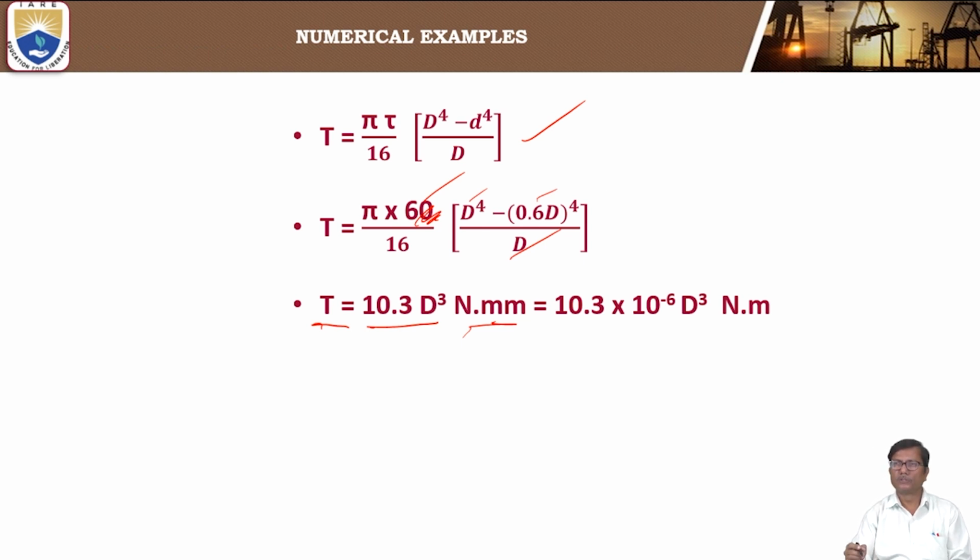So the units will be Newton millimeters. You convert that into kilonewton meters. For converting, to convert Newton millimeters to kilonewton meters, we have to multiply with 10 power minus 6.